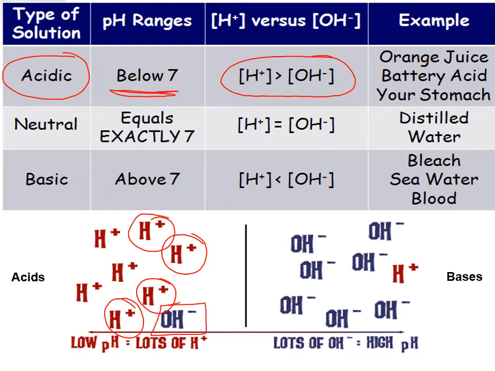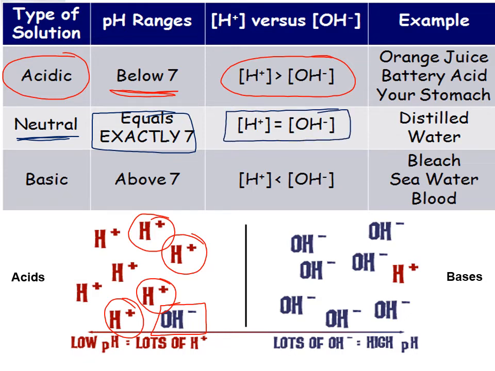Neutral solutions have a pH of exactly 7. If it's 7.01, that's a base. Only 7.00000 is neutral. And at neutral, the amounts of hydrogen and hydroxide ions are equal.